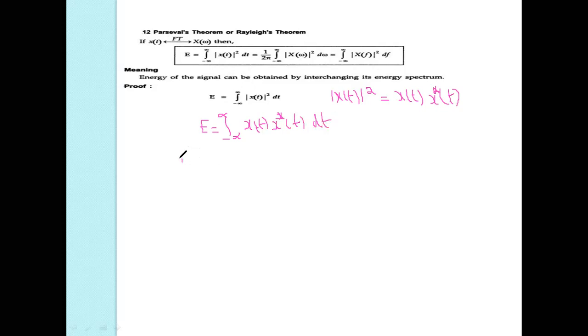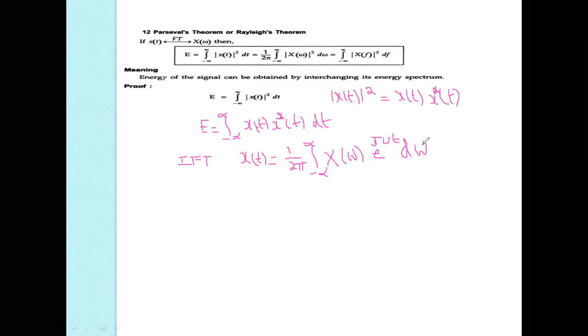According to the inverse Fourier transformation, x of t is equal to 1 by 2 pi times the integral from minus infinity to infinity of X of omega e power plus j omega t d omega.